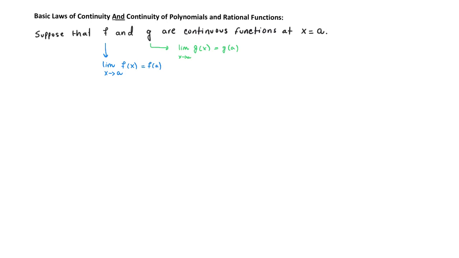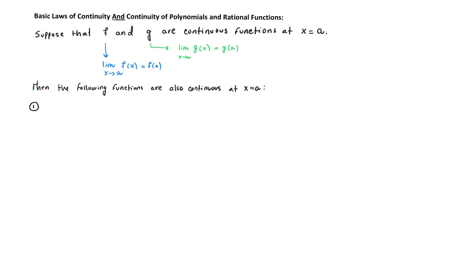So if this is the case, we're going to say then, let me use a different color, then the following functions are also continuous at x equals a. So what functions are those?